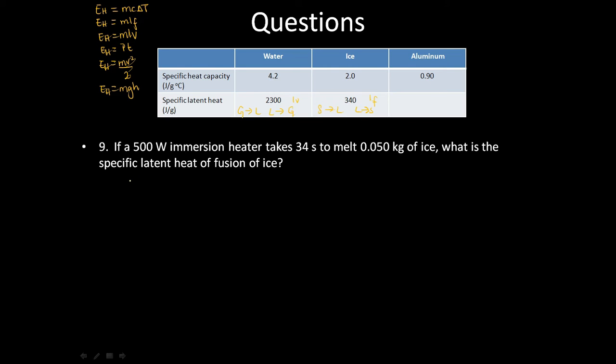So if a 500 watt immersion heater takes 34 seconds to melt 0.05 kilograms of ice, what is the specific latent heat of fusion of ice? Okay, so they'll give us kilograms. So let's just list. So we have power.